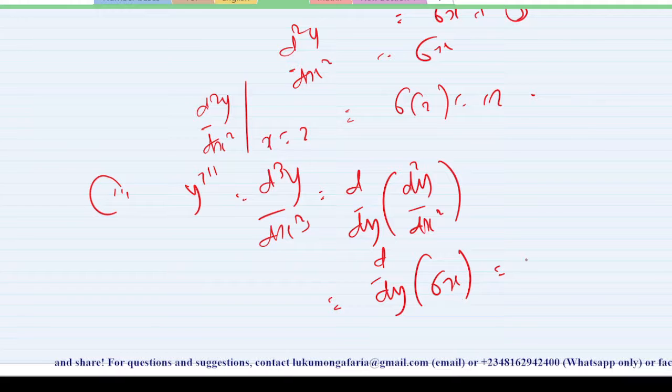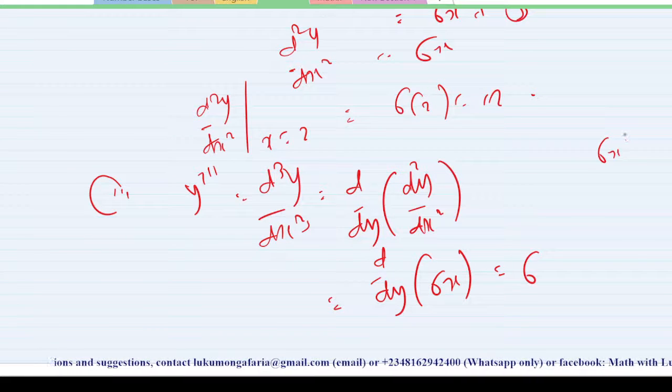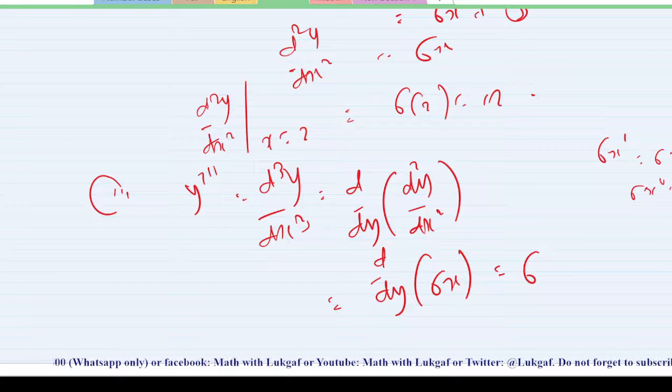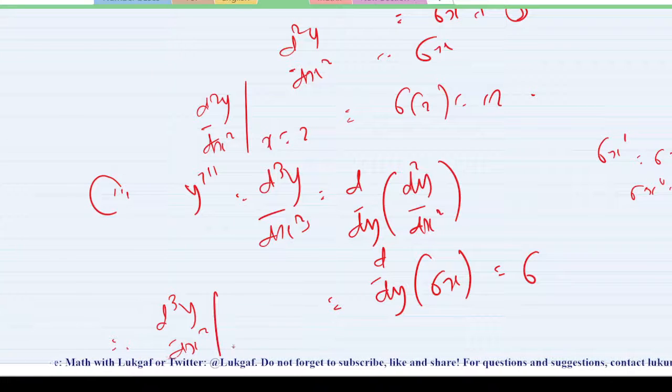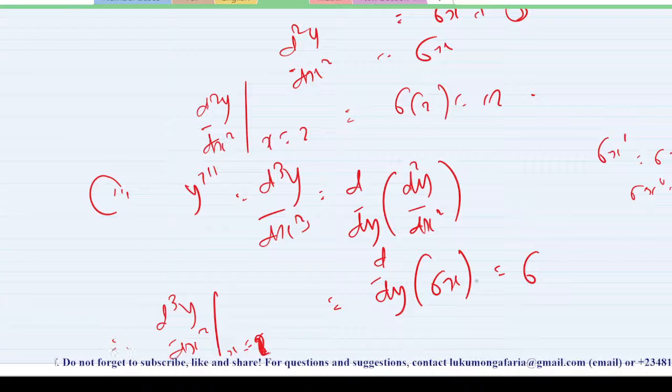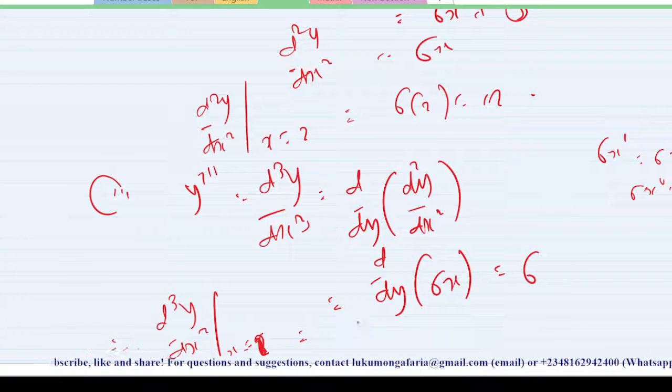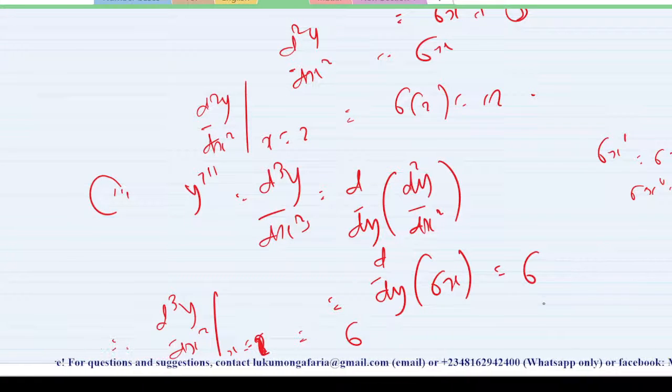Derivative of 6x is going to be 6. How? This is x raised to 1. 1 times 6 is 6. If you subtract 1 from this index to get the new one, you have 6 x raised to 0, which is equal to 6. Then you can still find d cubed y dx cubed at x equal to 2. Wherever you see x, you put 2. But you don't have x in this function. In fact, this gives us a constant.